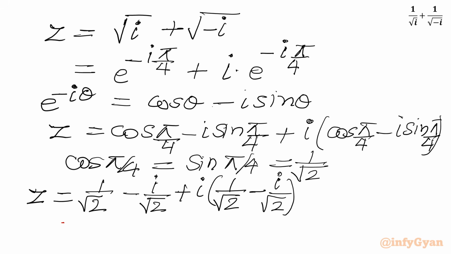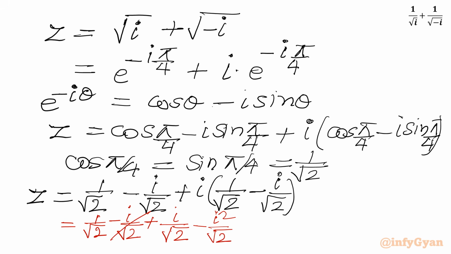We can write 1/√2 - i/√2 + i/√2 - i²/√2. Now these two terms will cancel, and i² is -1.